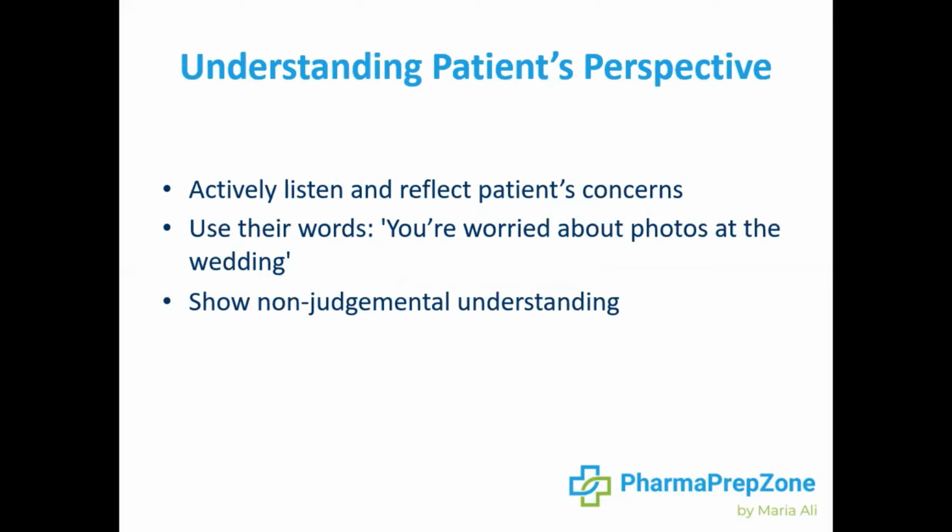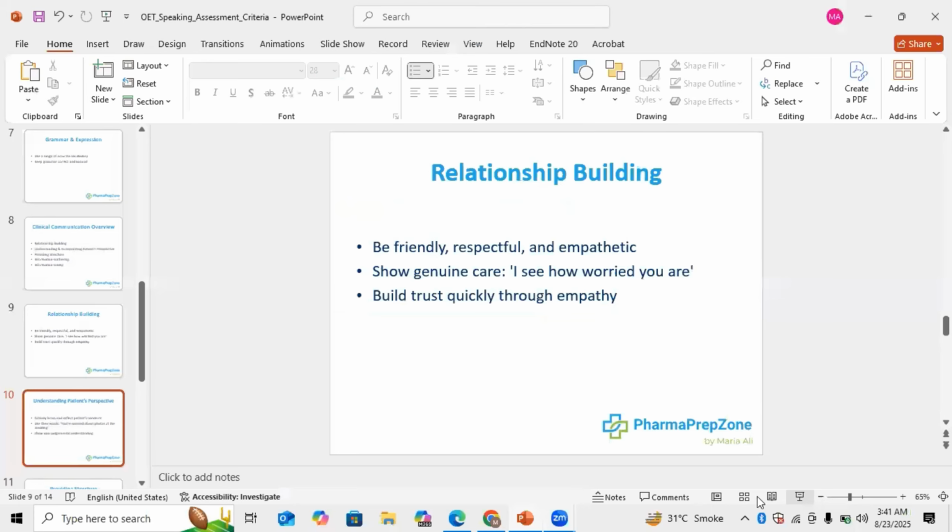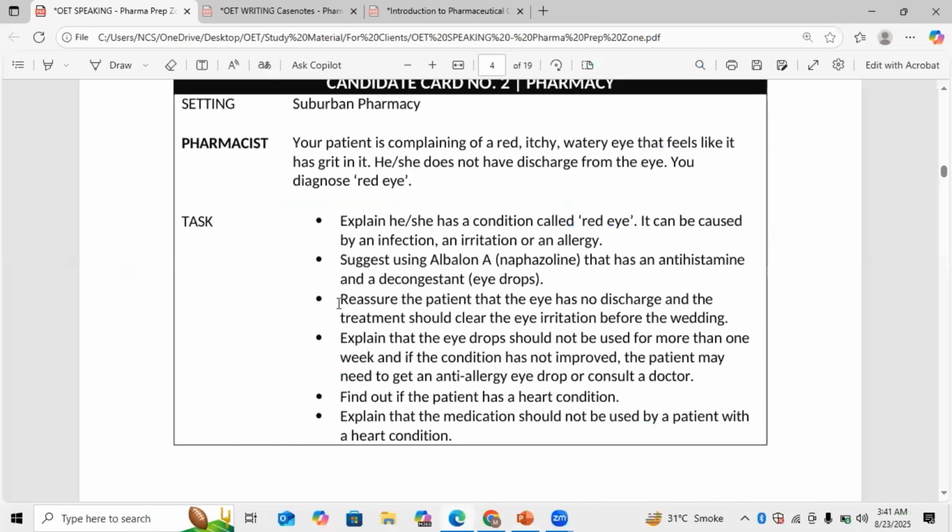And then understanding the patient's perspective. This is about actively listening and reflecting the patient's concerns back to them, using their words in your response. Let's take it from this similar task when the patient was worried about the photos on the wedding day of his daughter.